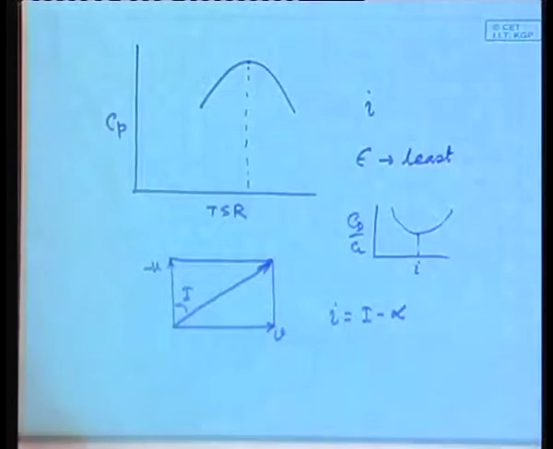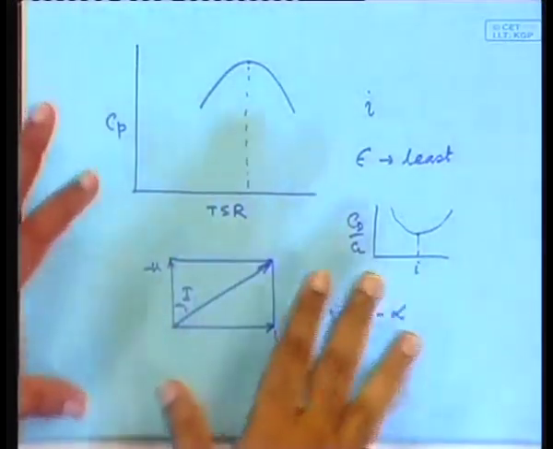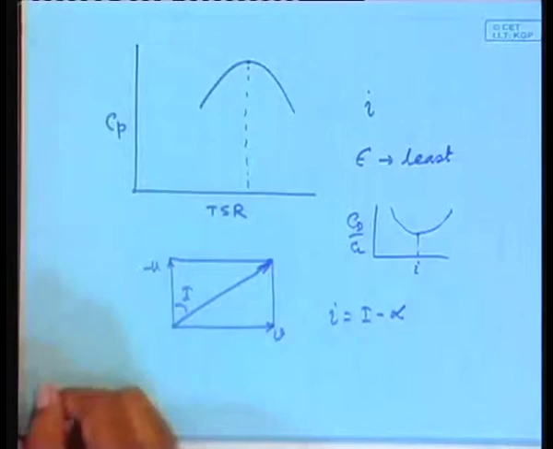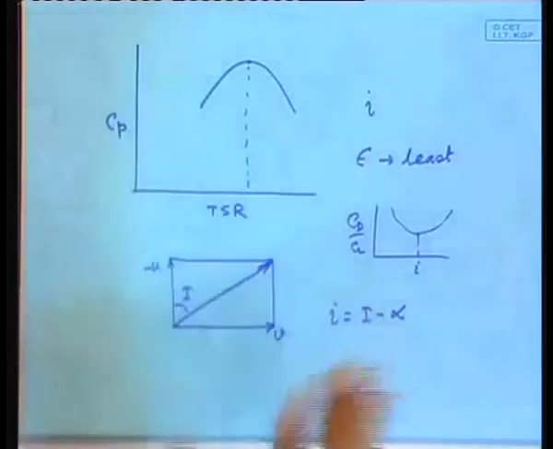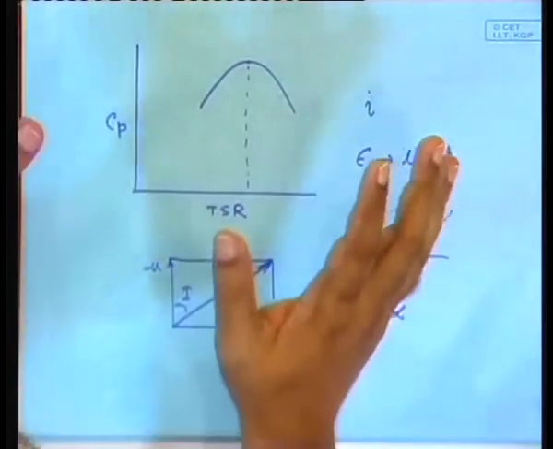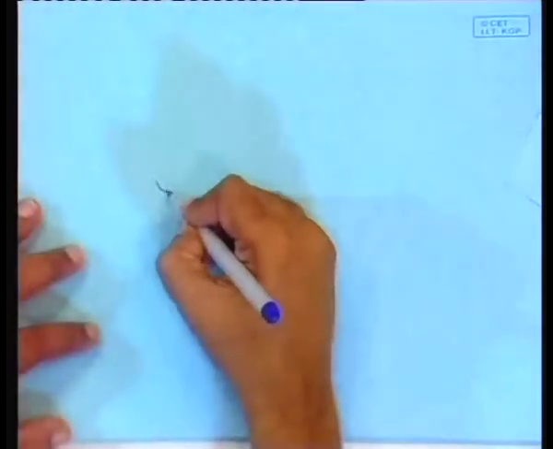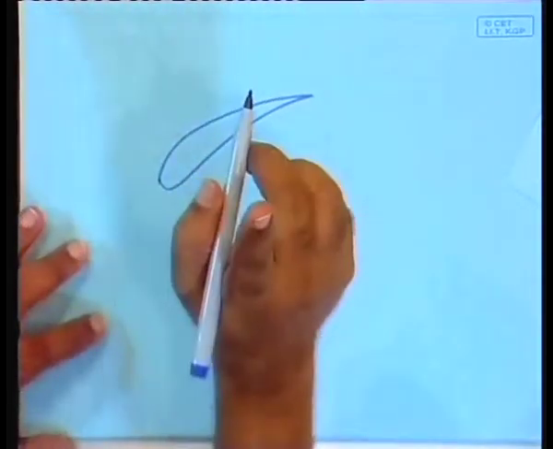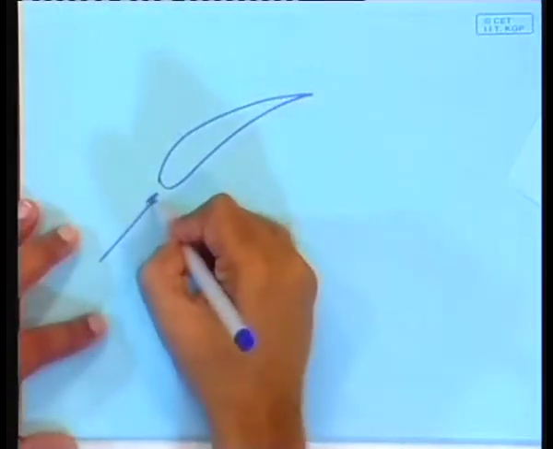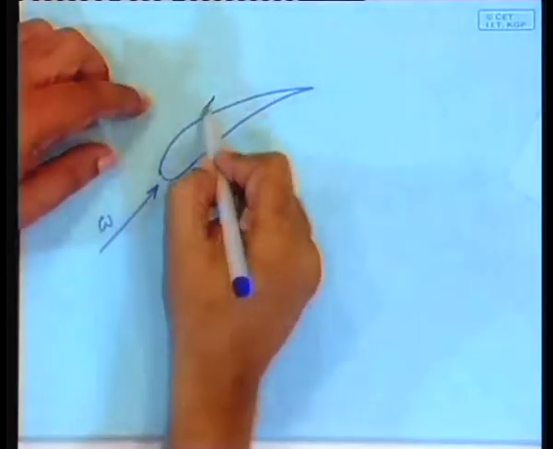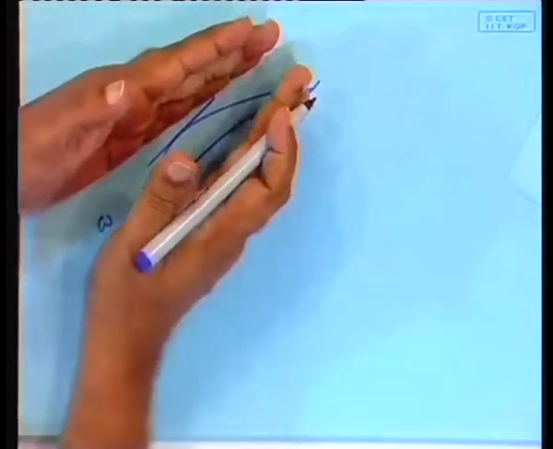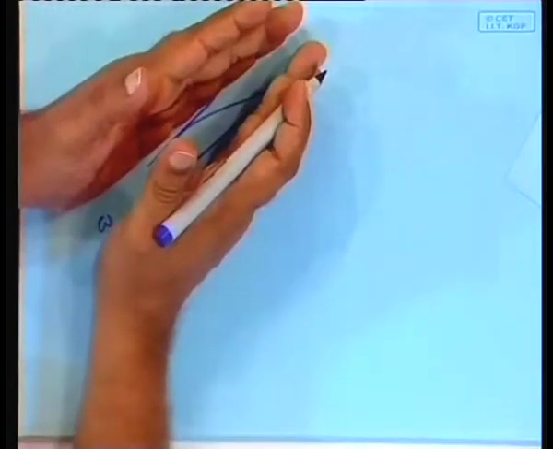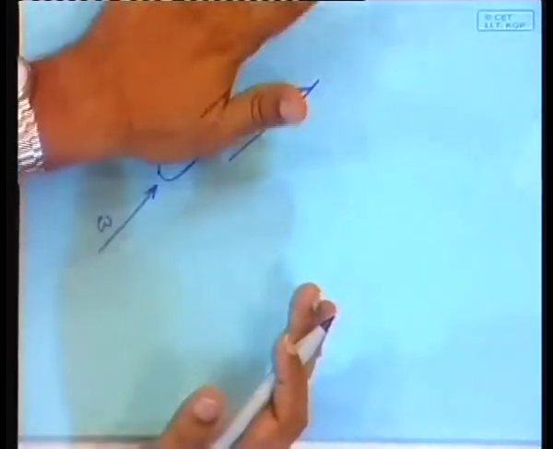In what way? Okay, this is theoretical, fine, but if you want to go back with some sort of roundabout idea, then you might think this way, that here is my airfoil and I should orient it in such a way that the wind actually is seen to be coming from this direction W. So, that the wind sees the least area, and if it sees the least area, it will produce the least drag force.